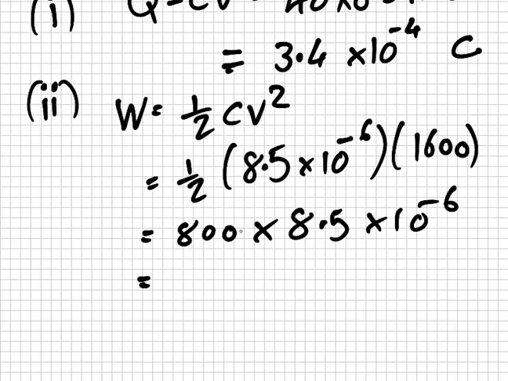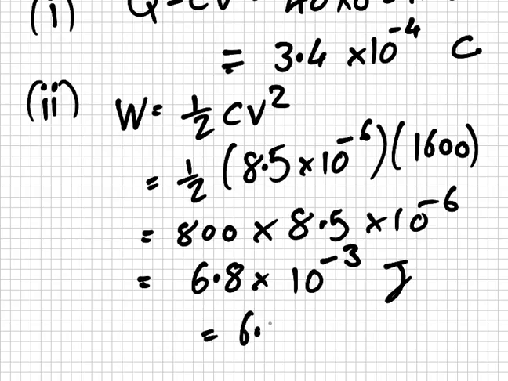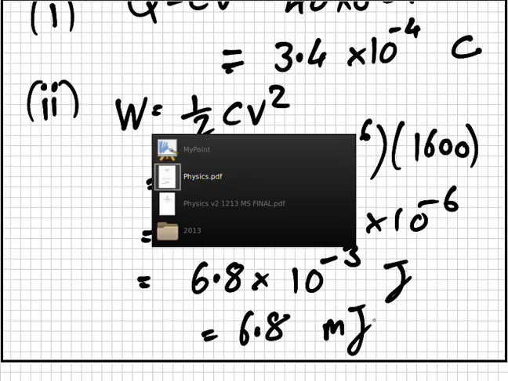What's that, please? 6.8 times 10 to the minus 3 joules. So in other words, it's 6.8 millijoules if you want. If it's microfarads, it's always 10 to the minus 6. How many marks have I gotten so far? 6, is it? Yep, alright. So can I go to the next part now?